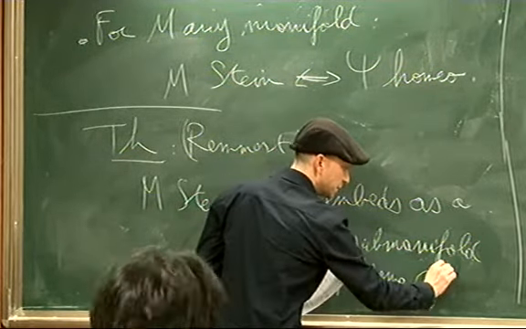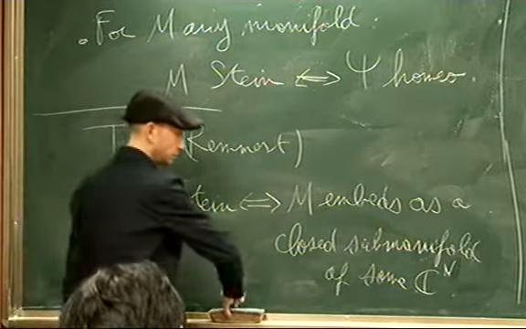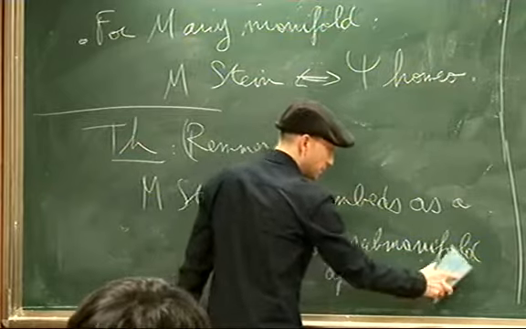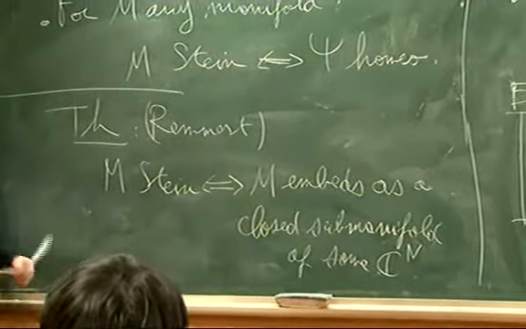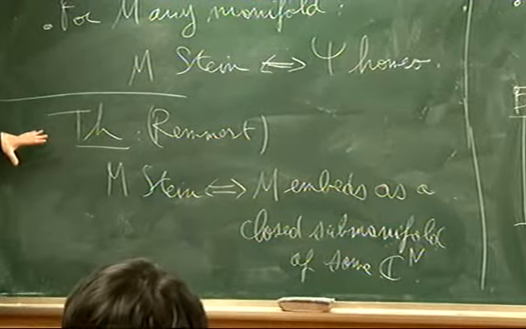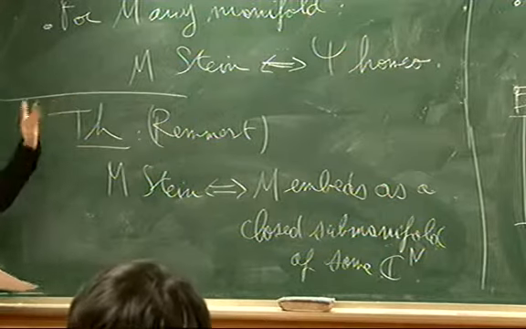So I write a capital N. Maybe this capital N is big. This is similar to the Whitney embedding. In a smooth manifold, any manifold can be embedded into Euclidean space.